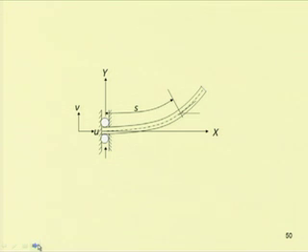Now, one more example we can see. In this case, we have to derive the equation of motion for this cantilever beam, a large cantilever beam, which is subjected to a periodic force y equal to y0 sin or cos omega t. Let it be y0 cos omega t.